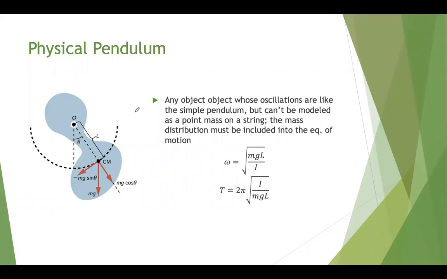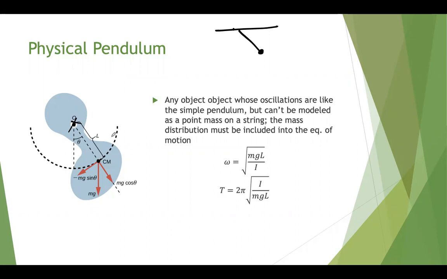It's not necessarily a simple string with some little point mass. It is some physical object, with a weird shape maybe, like this one, and it's swinging from some point here. That's its rotational axis, or its pendulum axis, I guess.